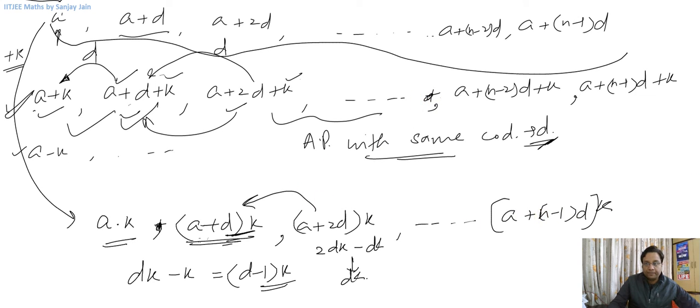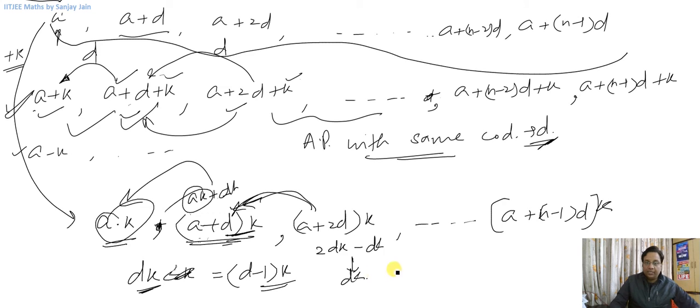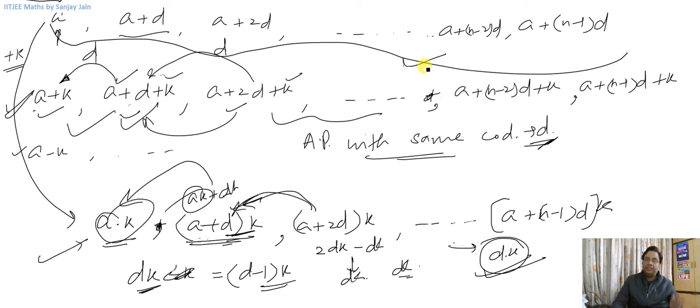This will be AK plus DK. When I subtract, AK will get cancelled and I'll have D into K. When I subtract the second term from the third term, I'll again have D into K. So the common difference in this case is D into K. Hence, this resulting sequence is an AP with common difference D into K. So if I multiply each term of an AP with a non-zero constant K, the resulting sequence will also be an AP with common difference D into K.